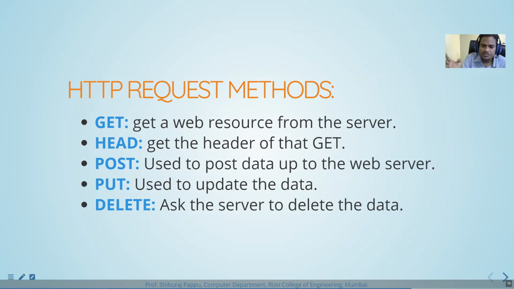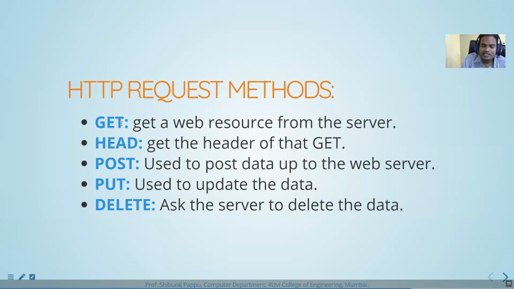In the future, if you are trying to become an API developer, this is nothing but the REST architecture. There are lots of different methods. I have taken only the important ones that we normally use. The first one is the GET method that we have seen in the request method.